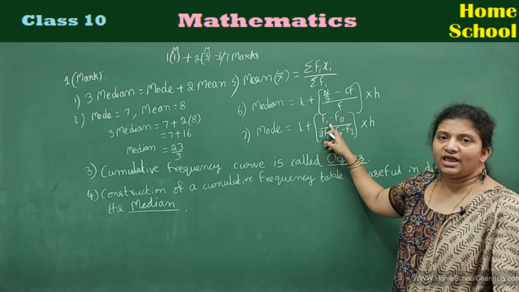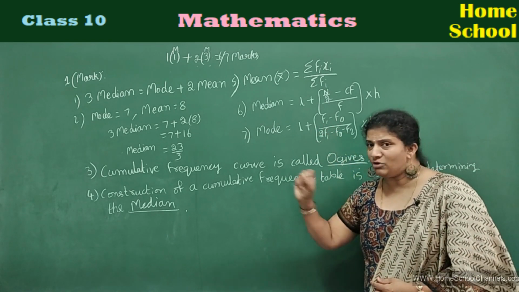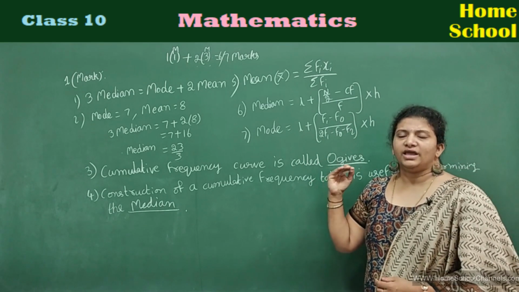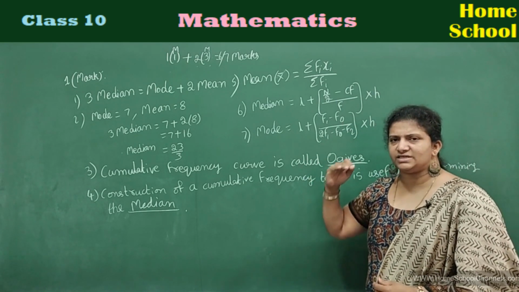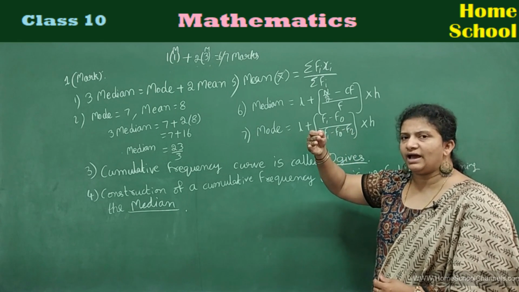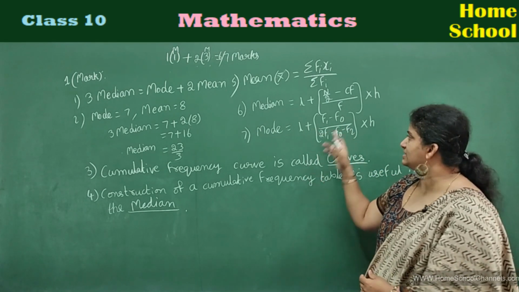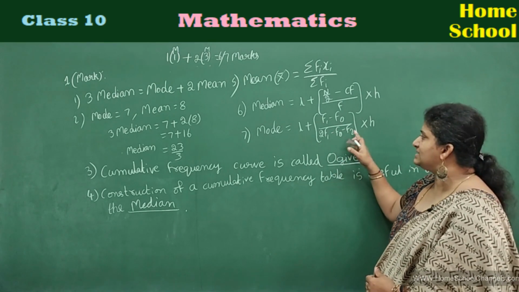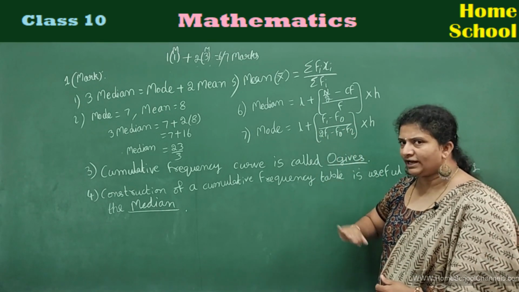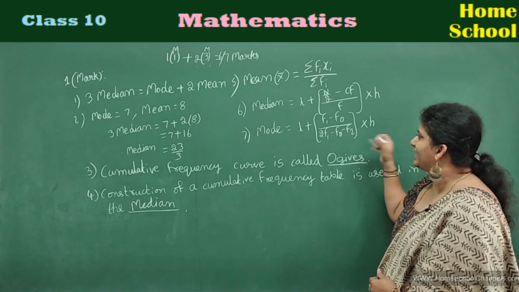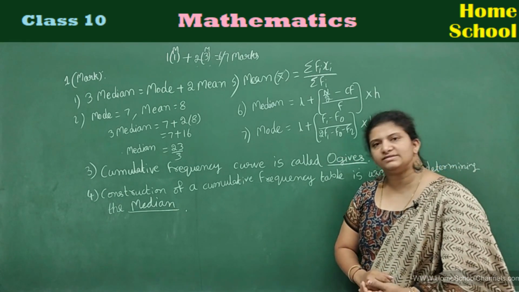F1 is the frequency of the modal class. F naught is the frequency just above the modal class, or you can say the preceding modal class frequency is called F naught, and the succeeding frequency to the modal class is F2. H is the class size.